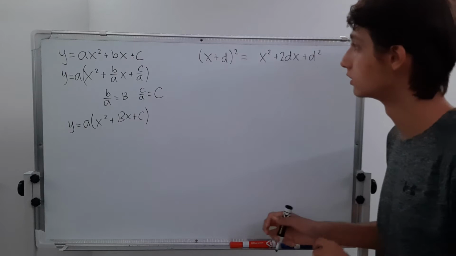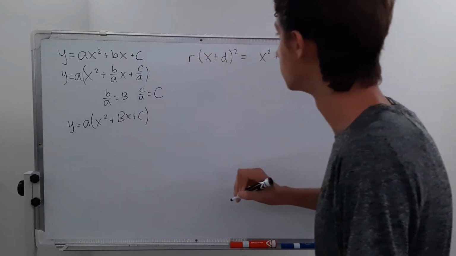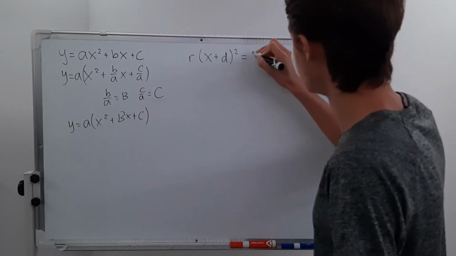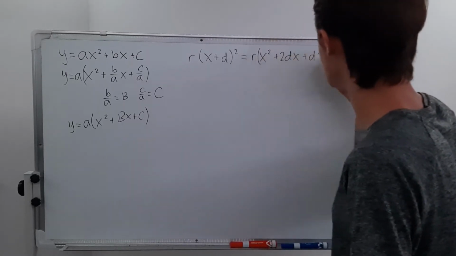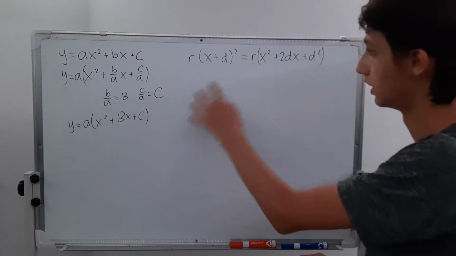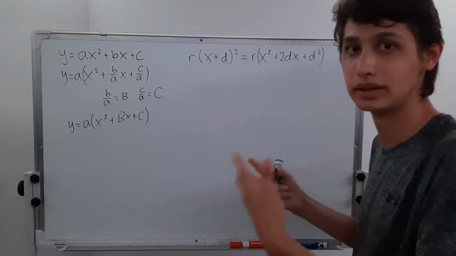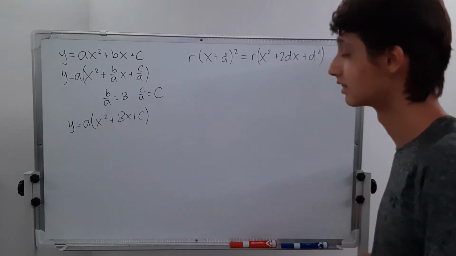Another thing you might notice is if you multiply this by some, let's say r, you have an r multiplied by the whole thing. So that's another similarity there, and you're probably starting to gain the intuition like, oh, that makes sense.